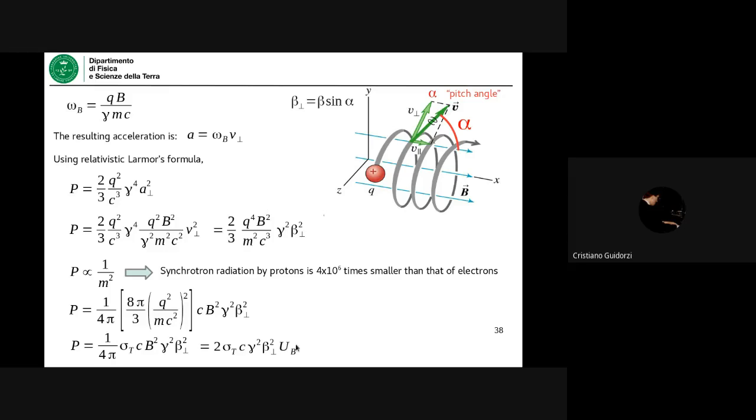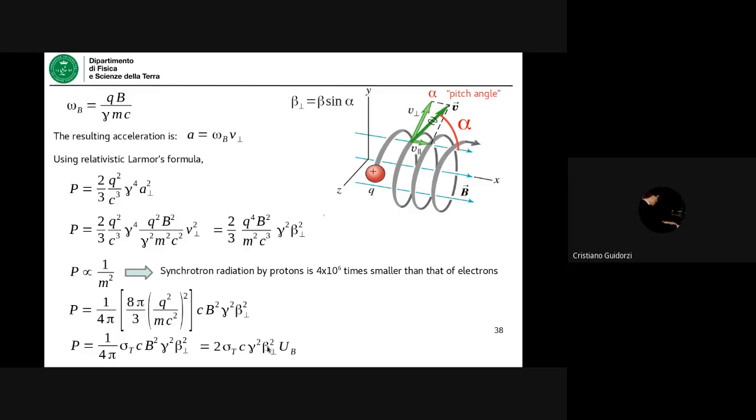So now let's have a look at this formula. The total power emitted by the electron, the energy per unit time lost by it, is energy density times the velocity of the electron. The velocity should be beta c, but we are talking about ultra-relativistic electrons, so it is essentially c.